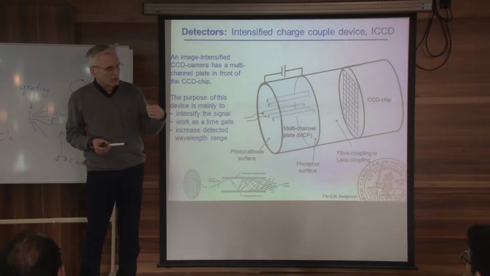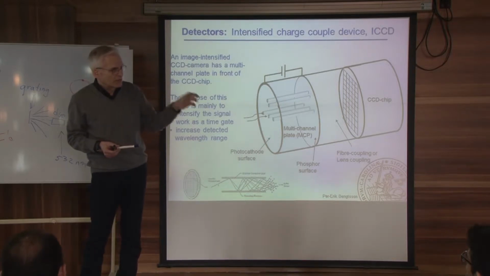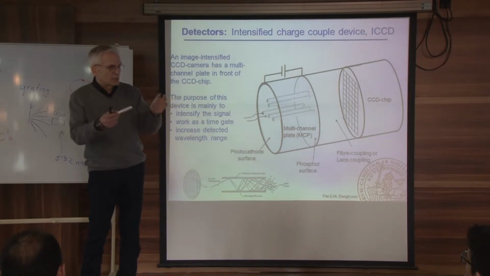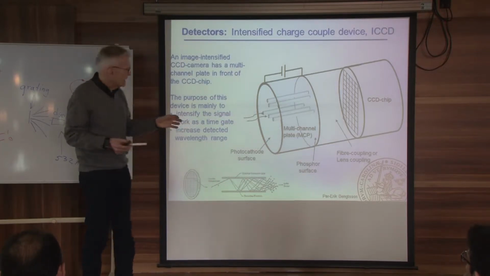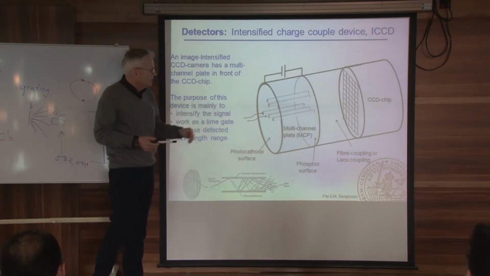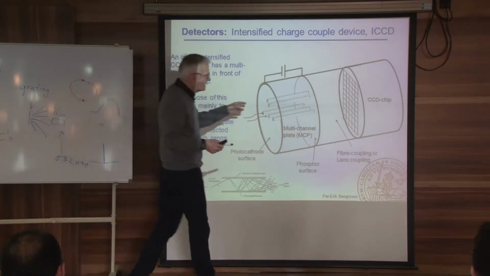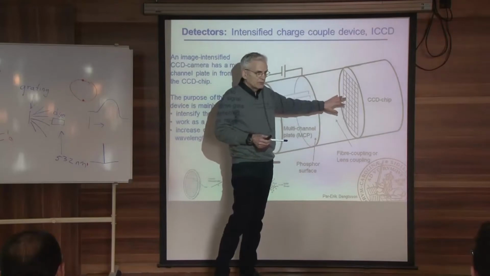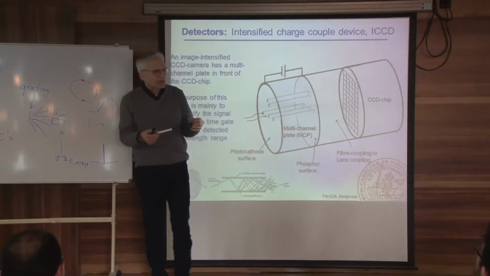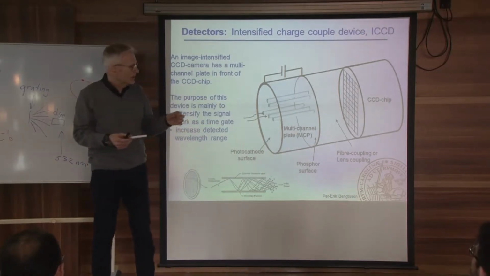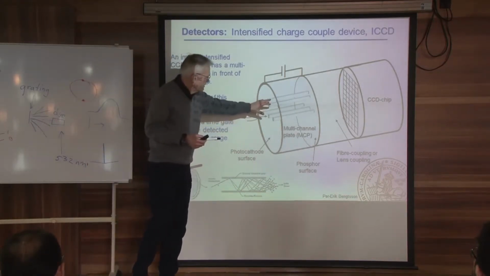But I only want photons from when my laser is on. Remember, my laser pulse is 10 nanoseconds. That's when I want to collect my light. I'm not interested in what happened outside this time window. So if I have a luminous flame, I will get too many photons from the background. So I have to use something to gate the detector.